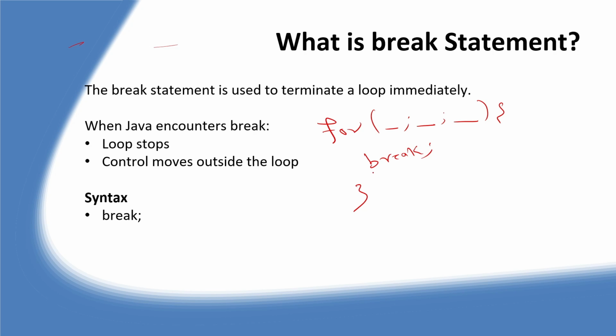Then whenever this line gets executed, at the same time it will come out of the loop and it will execute the remaining lines of code. So the syntax of break is like this.